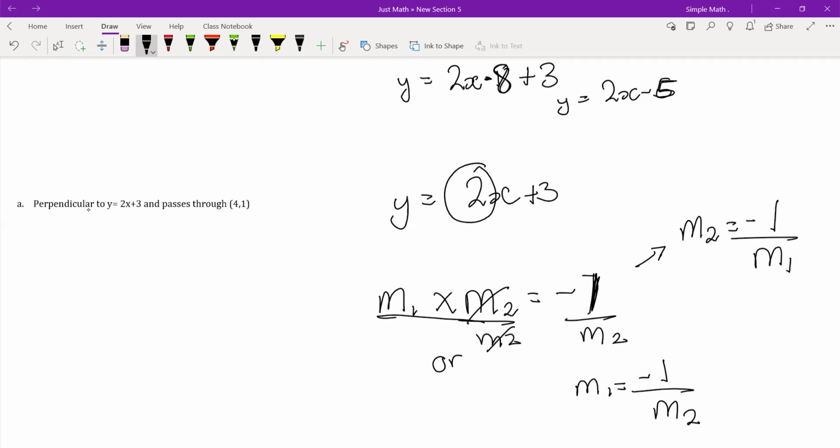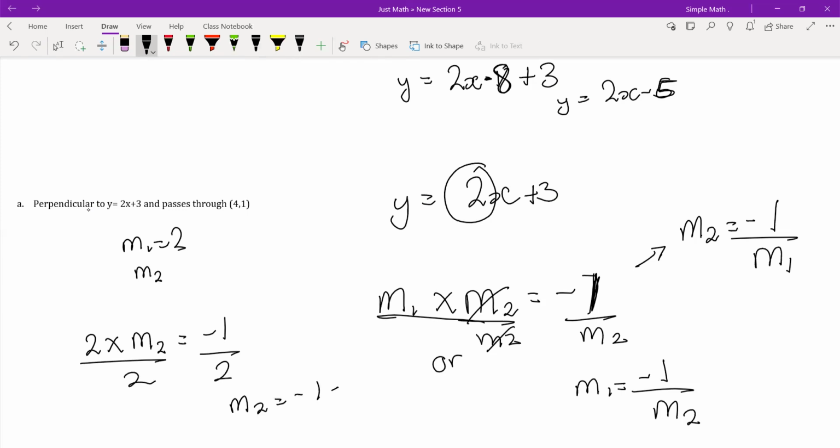All right, so we know that the slope of this first line is 2. So let's say m1 is equal to 2. m2, we don't know. So 2 times m2 is equal to -1. Divide both sides by 2. m2 is equal to -half.